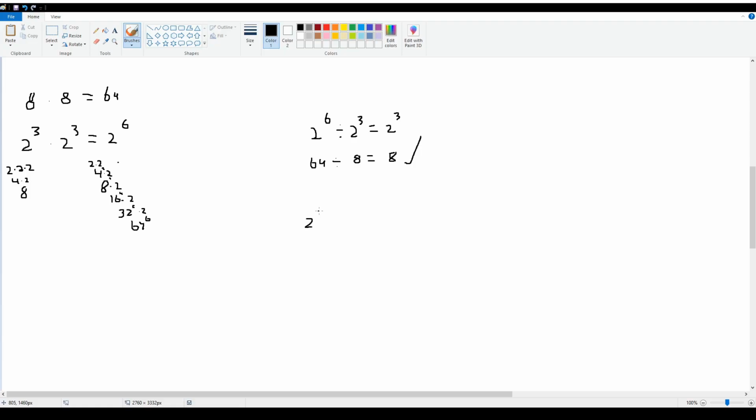What if we tried to fit in 2 to the 9th? So what if we said, okay, I'm still not convinced. Let's try and do this. Well, what is 64 times 2? 128. What's 128 times 2? I believe I'm actually going to have to do the math here.